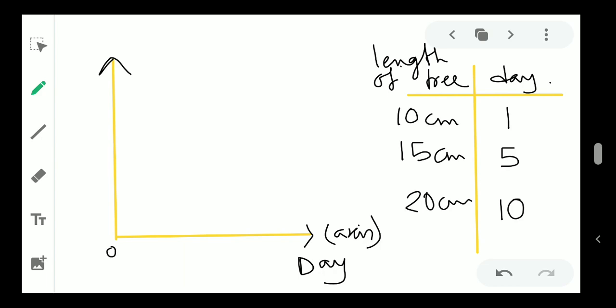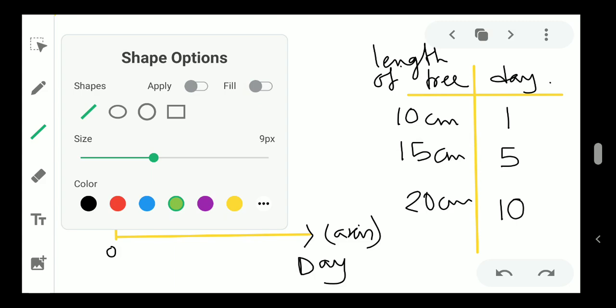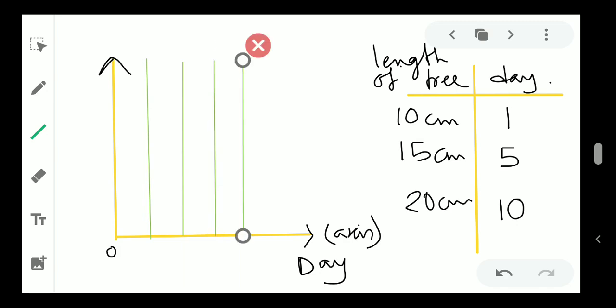So this is day number 0. This one is day number 1. So I will draw lines, so that you can easily understand. Okay, so let's say this is your day number 1, this is day number 2, day number 3, day number 4, day number 5.